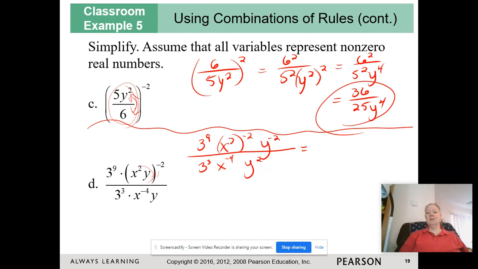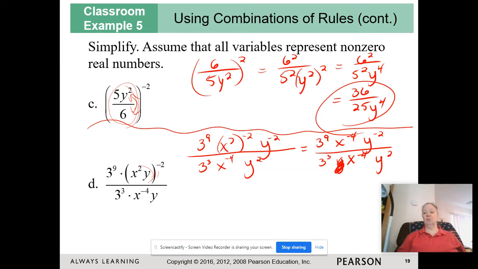Okay, so now I'm going to use the power rule here. So 3 to the 9th, x to the negative 4, multiplied my exponents there, and y squared. Okay, so I've got my power rule done. Now I'm going to do my negative exponents.